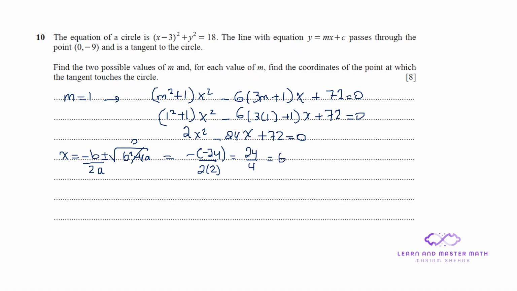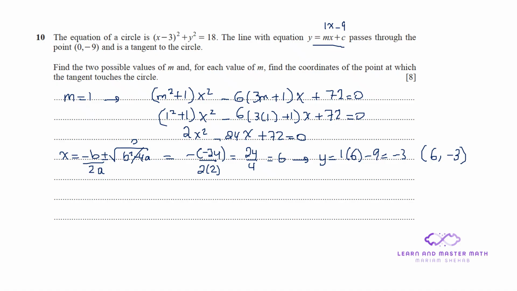So the first x is 6, and the corresponding y is going to be mx plus c. The m is 1, so 1x minus 9. So 1 times 6 minus 9 is negative 3. So the first point of intersection in the case m equal to 1 will be (6, negative 3).